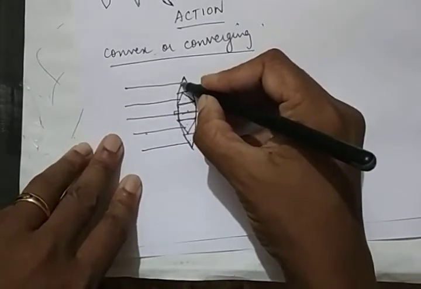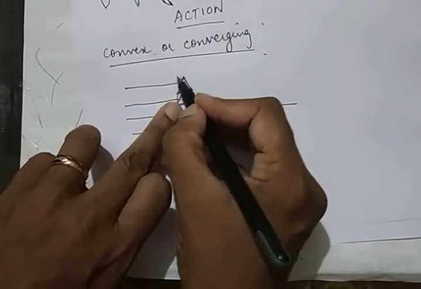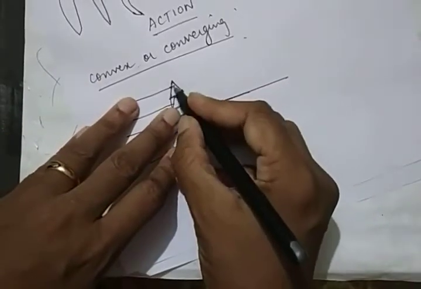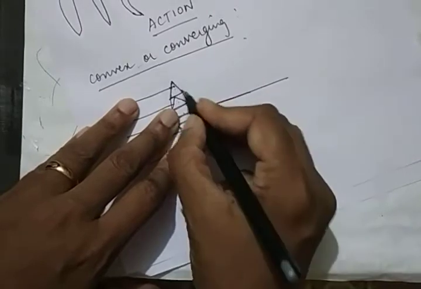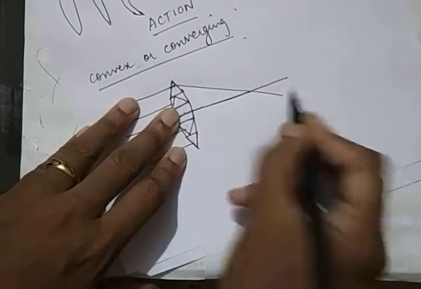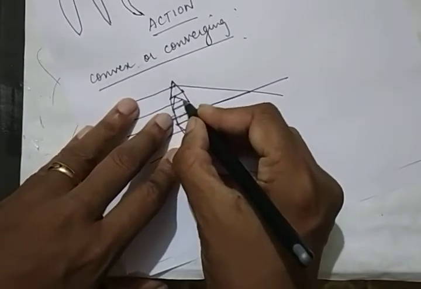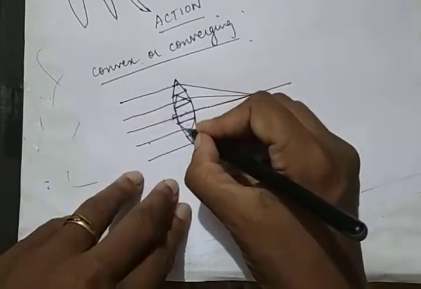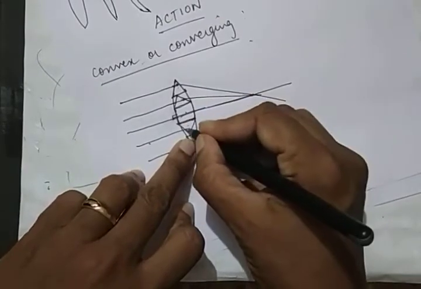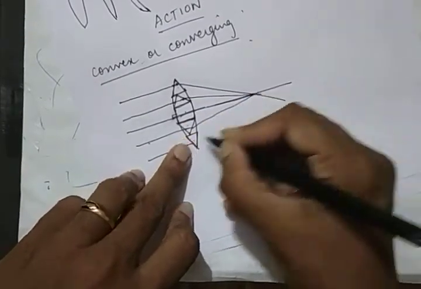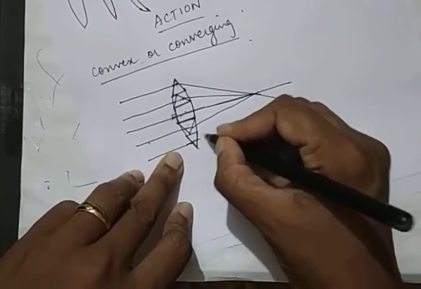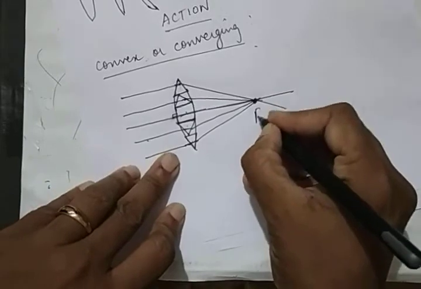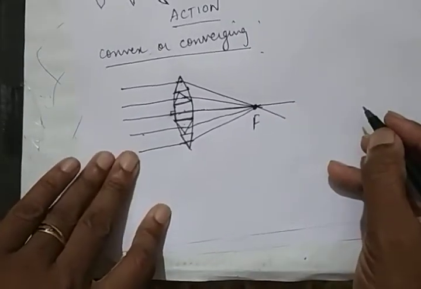Now we know the function of a prism is to bend a ray towards its base. This prism will bend this ray towards its base, and in the same way this prism will also bend this ray towards the base. For this prism, the base is here, so this ray will go like this and this ray will go like this. All of them will meet at a point that is called the principal focus.